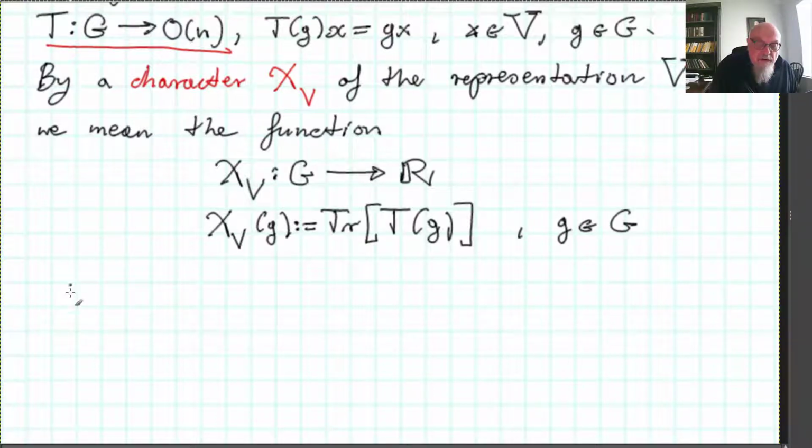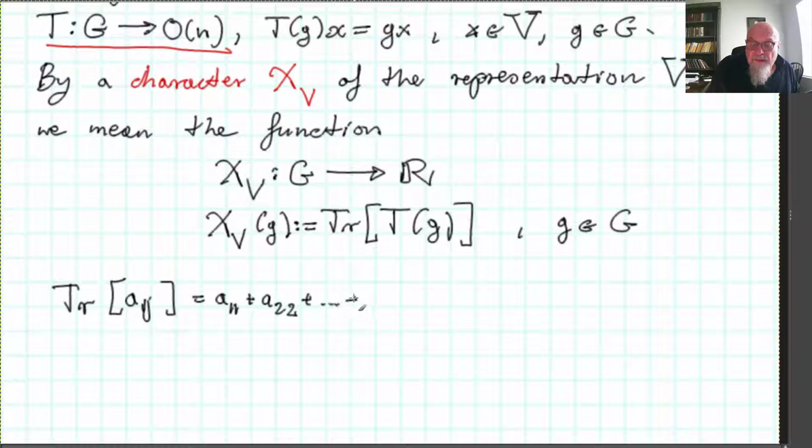So let me recall, if you have a square matrix A_ij, the trace is just equal to A_11 plus A_22 plus up to A_nn. So this is the trace of a matrix.